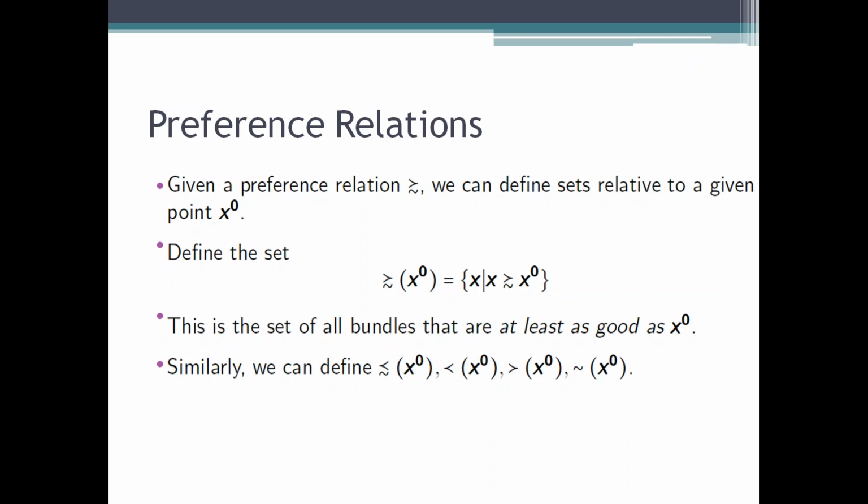So define the set of at least as good as, weakly preferred, x node. This is the set of all consumption bundles x such that x is at least as good as x node.